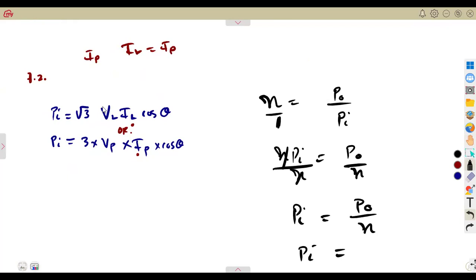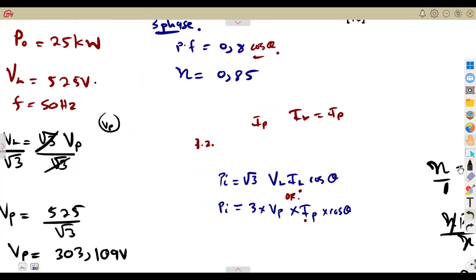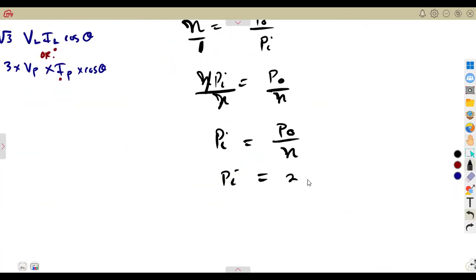So the power output, remember, is 25 kilowatts. Do not confuse that. This is 25 times 10 to the exponent of 3 over the efficiency. Remember, it was 85%, that's 0.85.